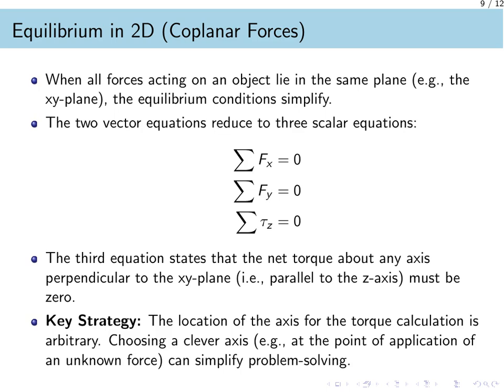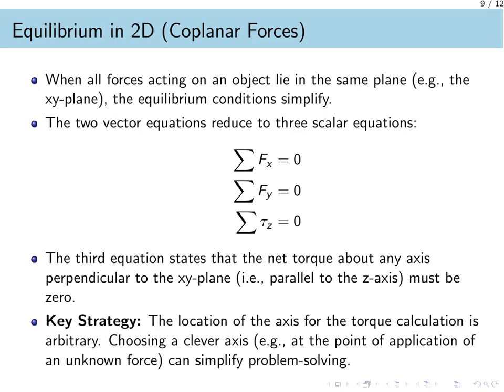First, the sum of all force components along the x-axis must be zero. Second, the sum of all force components along the y-axis must also be zero. These two equations ensure the object has no translational accelerations. The third condition is that the sum of all torques about an axis perpendicular to that plane, which we can call the z-axis, must be zero.